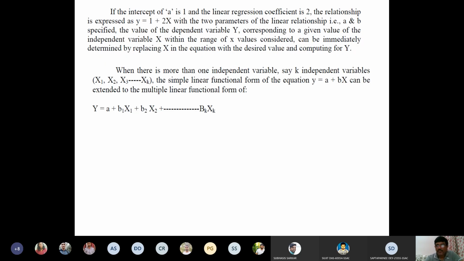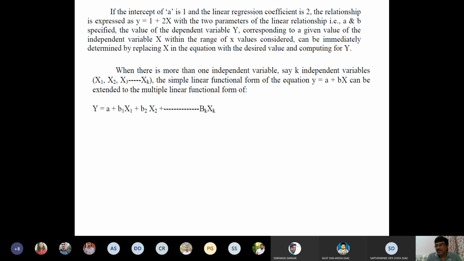Now, if the intercept a is 1 and the linear regression coefficient is 2, means y is equal to 1 plus 2x. The relationship is expressed by y is equal to 1 plus 2x, with the two parameters of the linear relationship, a and b, specified.